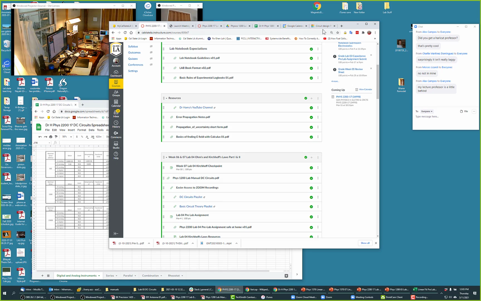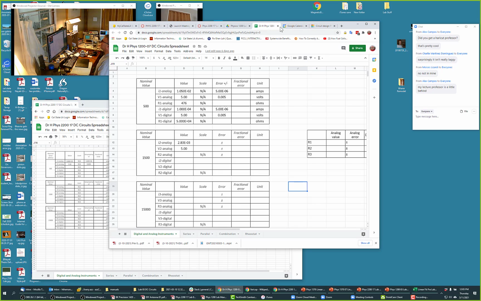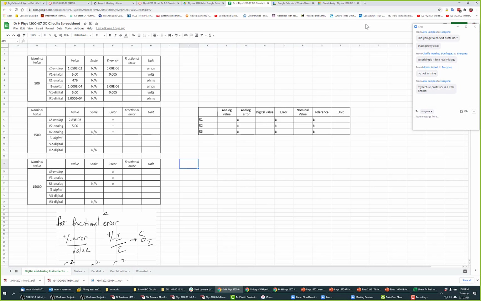Okay, so I would caution you. These are similar values, but I'm not going to do the whole thing like I would do for the 1200 people.